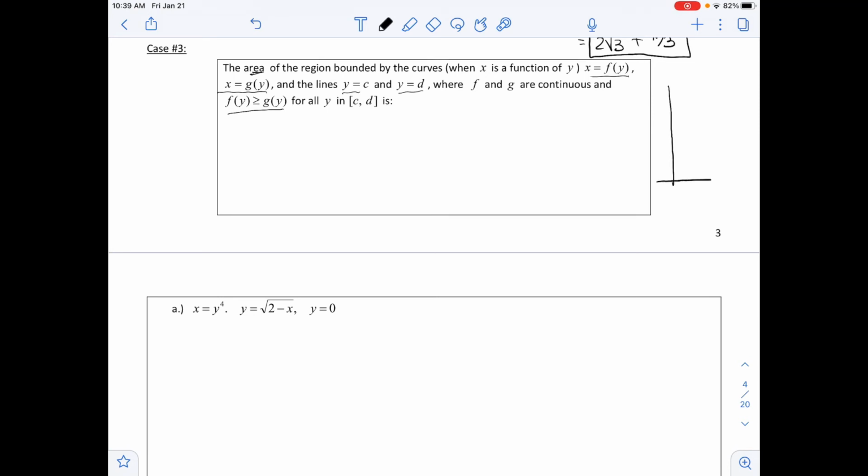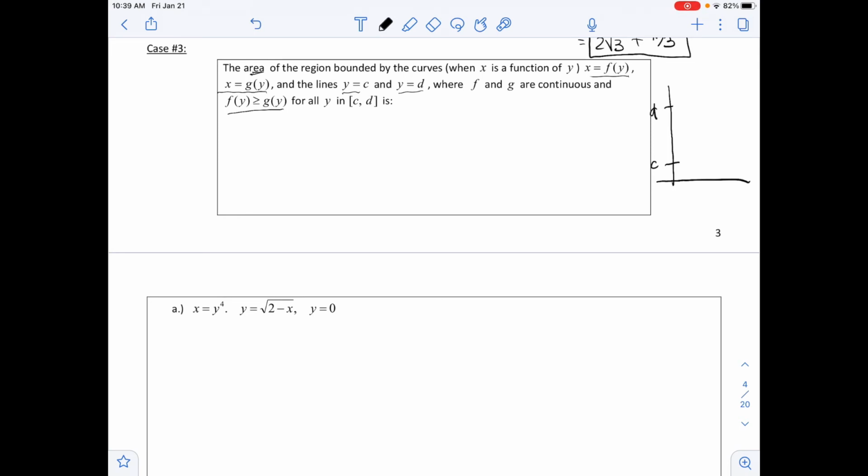And this time, since our functions are in terms of y, our functions are going to be drawn a little bit different. So we're going to have f of y greater than or equal to g of y, and we're bounded by the values c and d. So I'm going to go ahead and put c on here, y equals c and y equals d up above.